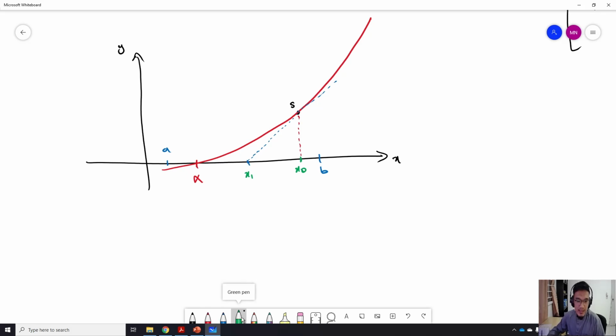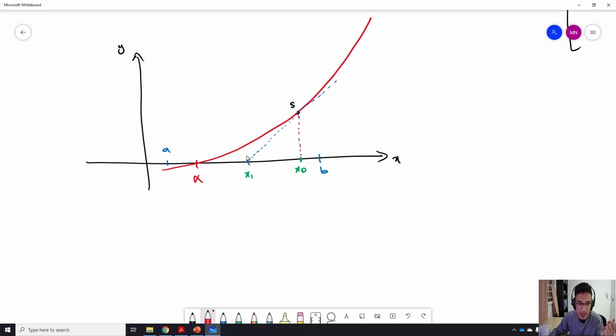As mentioned before, x1 is a better approximation of the value of alpha because it is closer towards alpha. In order to get a value even closer to alpha, we just need to repeat the same process.